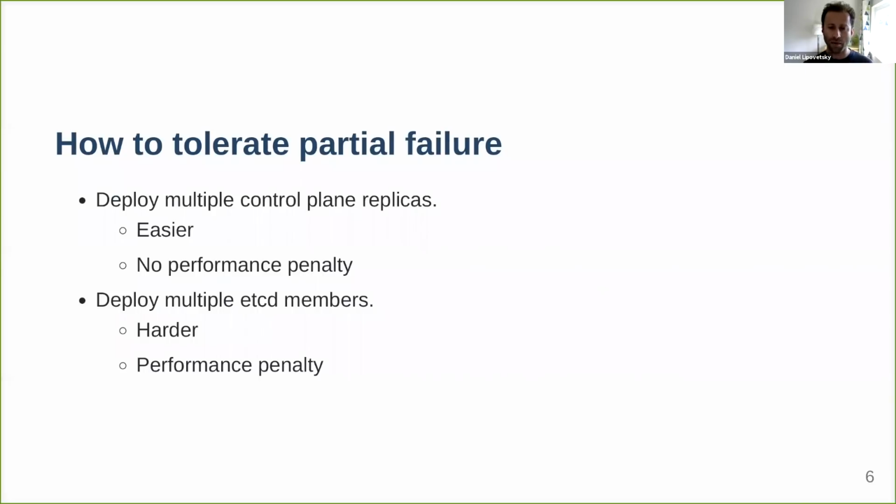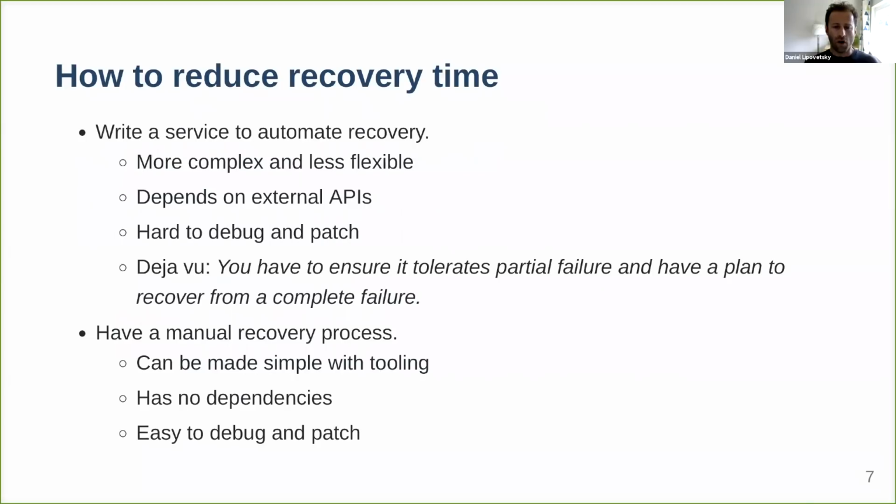As the number of members increases, the majority of the etcd cluster, the majority of the members, need to process reads and writes, and those are of course going over the network. So as you go from one member, which is handling everything locally, to multiple members where traffic is going over the network, the performance does decrease. So that's how we would handle partial failure.